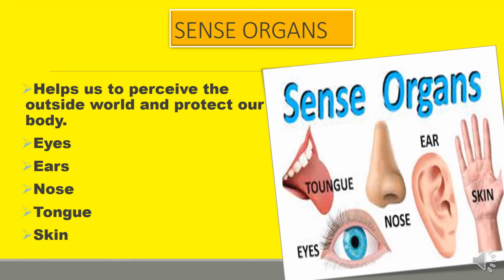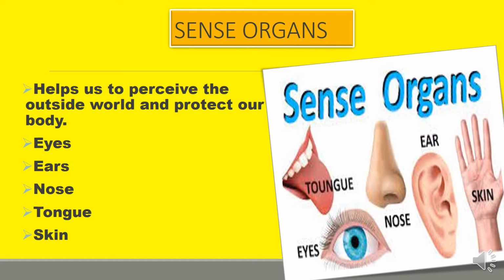In this video, we will first understand the sense organs. We all know that sense organs help us to perceive the outside world and protect our body, right? The different types of sense organs are eyes, ears, nose, tongue and skin.